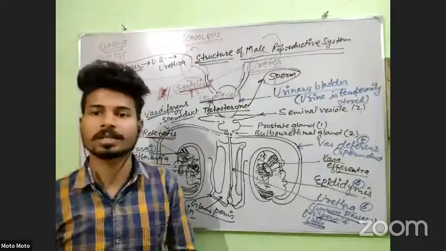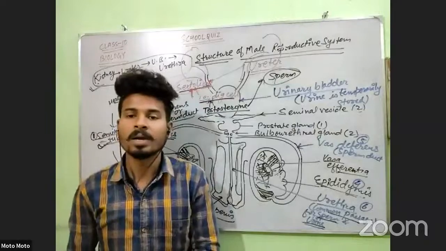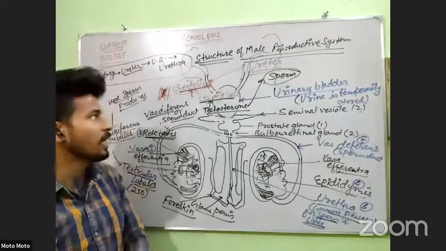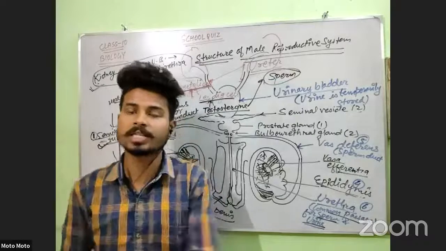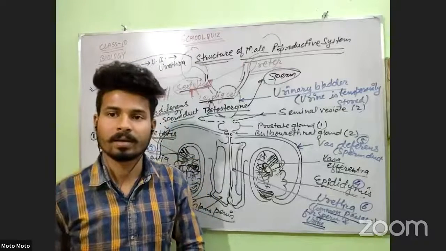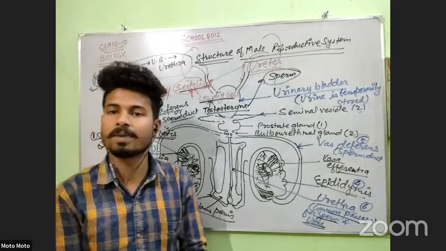So in this section we have some questions. As we have studied, I think I can get answers from you. The first question is: which cell provides the nutrition to the sperm? Anyone?